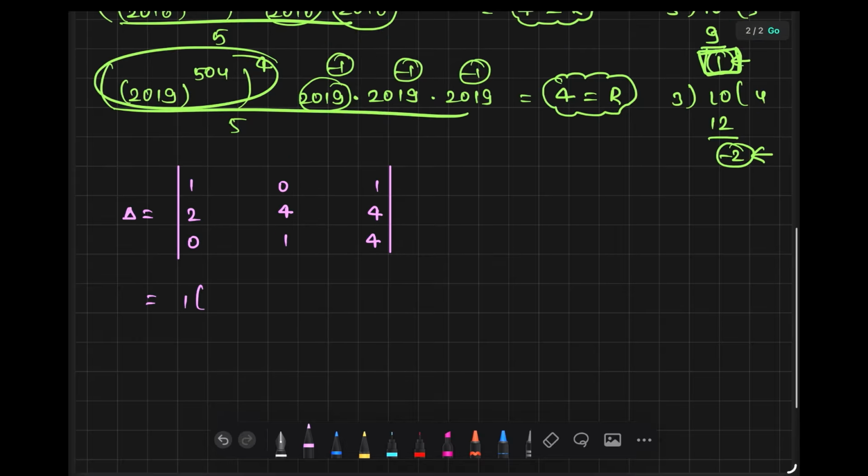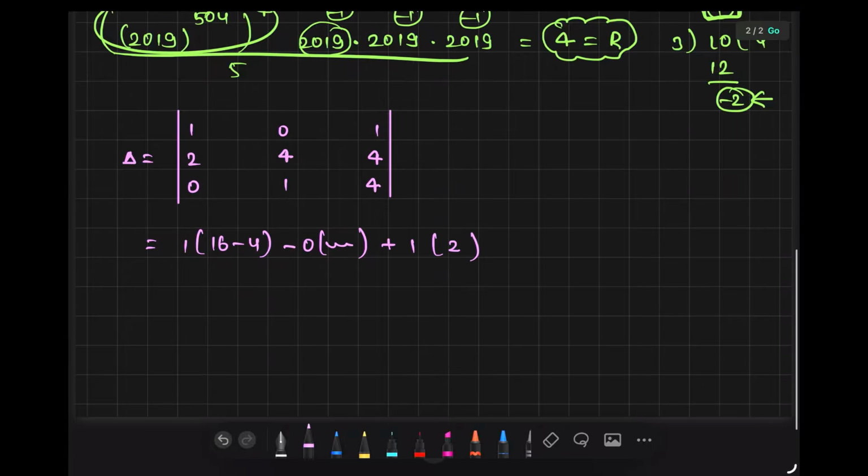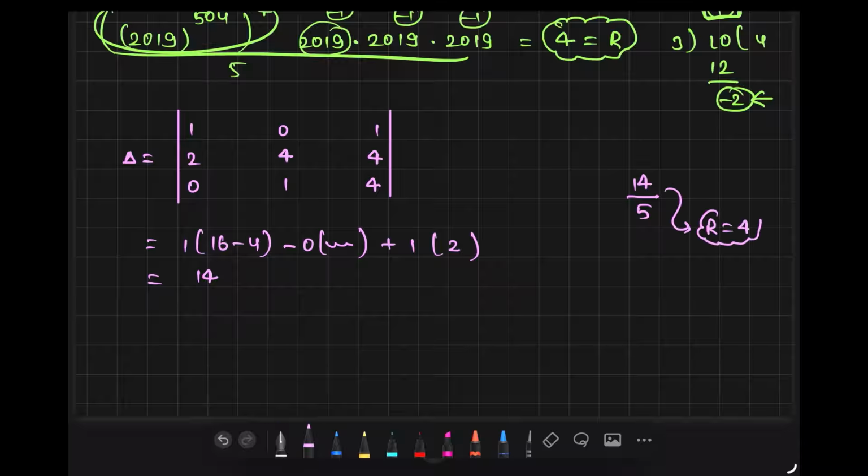So it is 1 times 16 minus 4, minus 0 times anything, plus 1 times 2. So we got this as 12 plus 2, 14. Now we got the determinant as 14. So you know that if you divide 14 by 5, you will get remainder as 4. Therefore the required answer is 4.